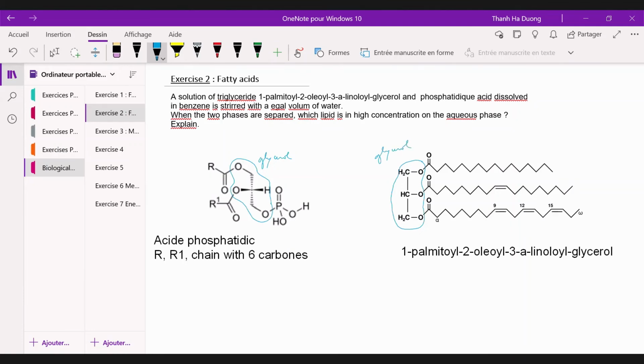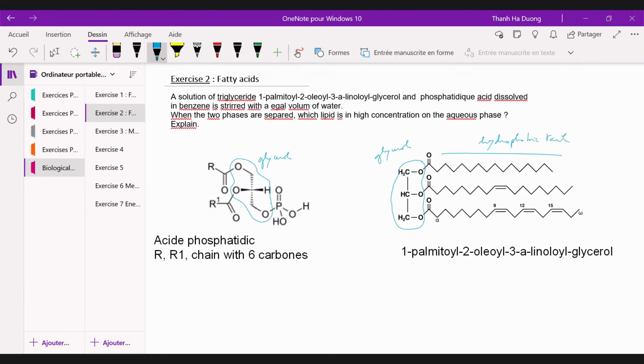In this molecule, you have here the fatty acid, so it's a hydrophobic tail.